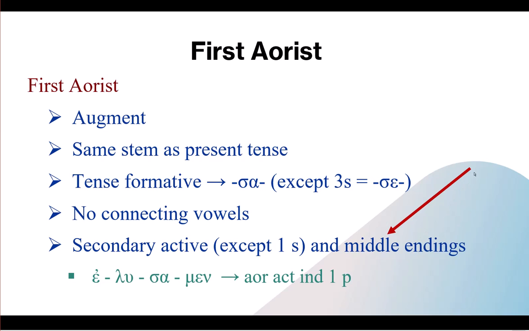So keep in mind that the middle is not the same as the passive. Here's an example now. We have elusamen, which would come together as elusamen, and that would be your first plural form. The men ending is first plural. So let's take a look at the full chart here and see what this all looks like.